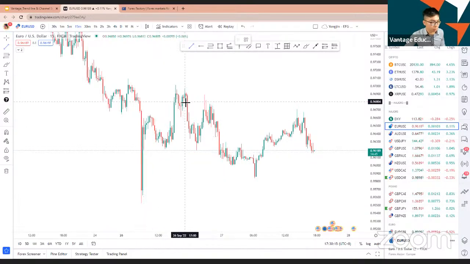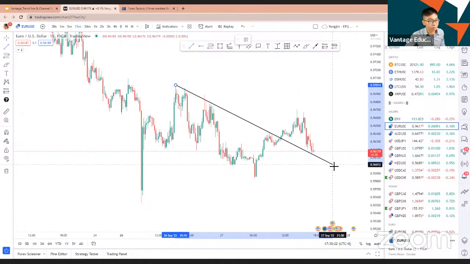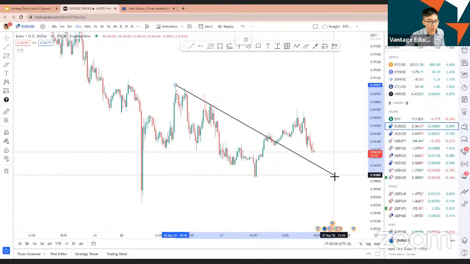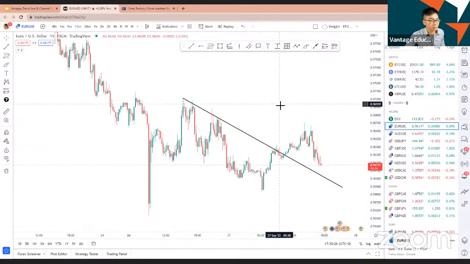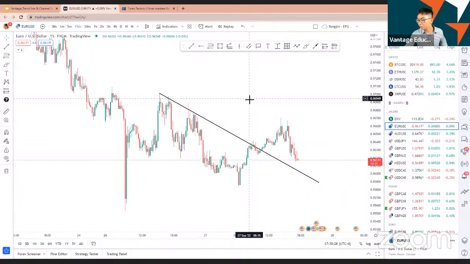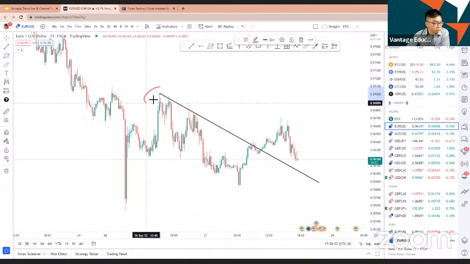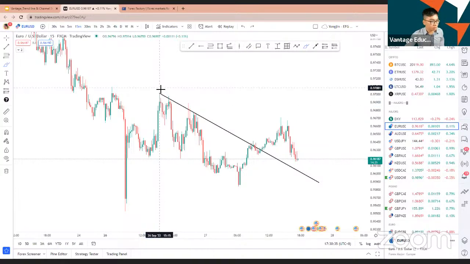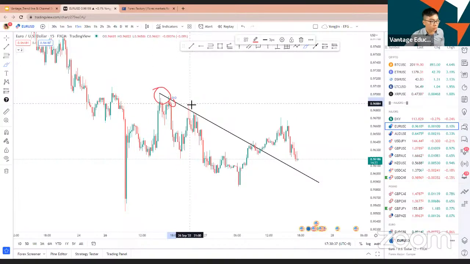Okay. There are many false breakouts right now if I'm using a retail method of trading. As you can see live, this is on the 15 minutes chart on euro dollar. Confirm this. 1 touch, 2 touch, 3 touch, 4 touch, 5 touch.